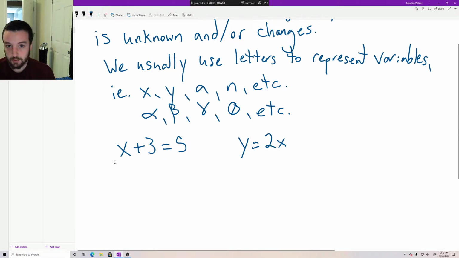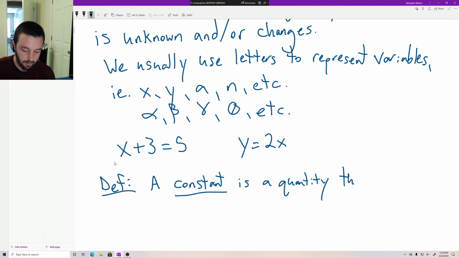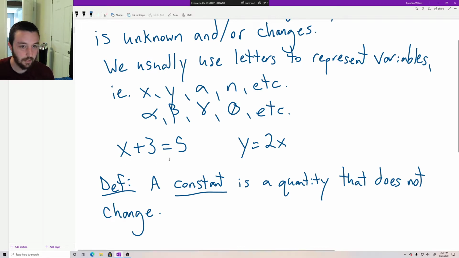The opposite of a variable is what we would call a constant. Okay. A constant is a quantity that does not change. Okay.